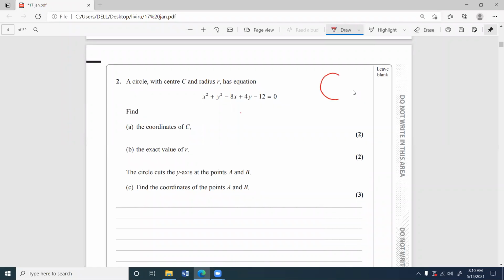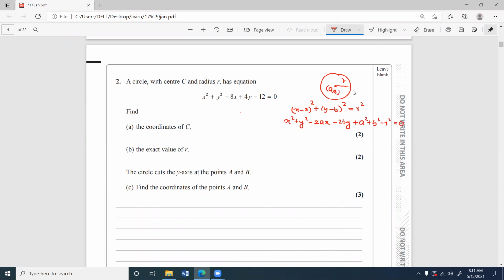If there is a circle with center (a, b) and radius r, we can write the equation of the circle in this format: (x minus a) squared plus (y minus b) squared equals r squared. The expanded version of this circle is x squared plus y squared minus 2ax minus 2by plus a squared plus b squared minus r squared equals 0.